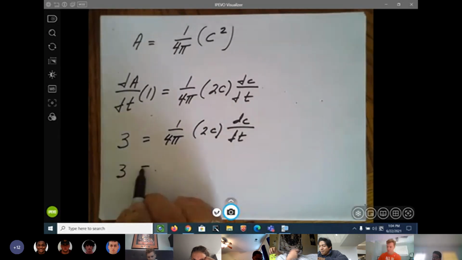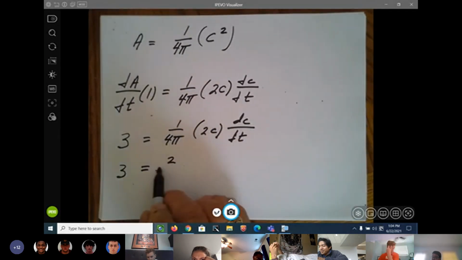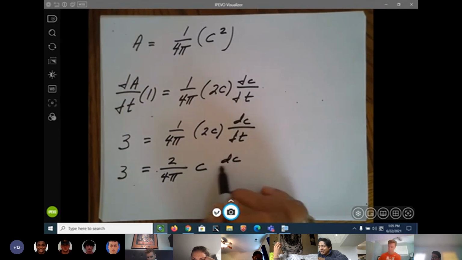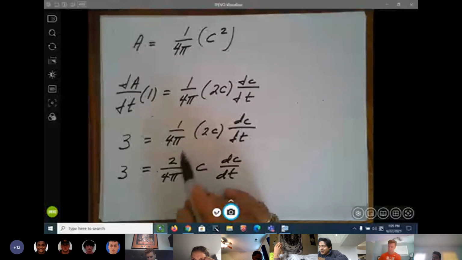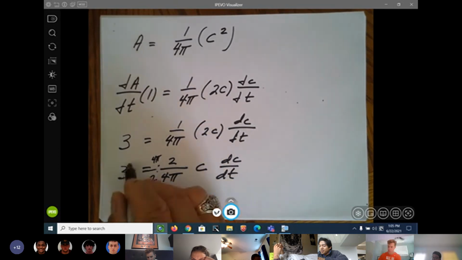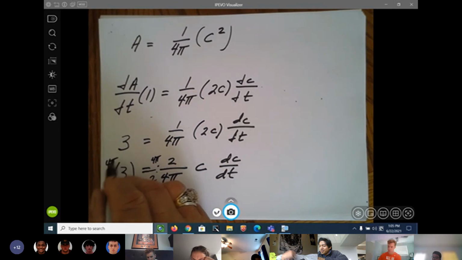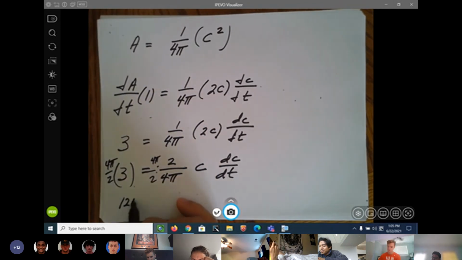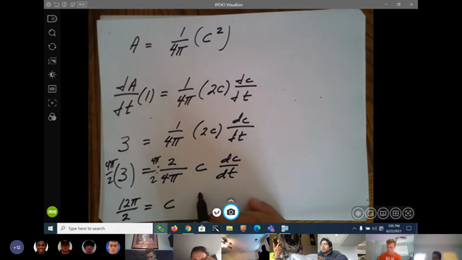So 3 is equal to 2 over 4 pi C dC/dt. And to get rid of multiplying by 2 over 4 pi, we got to multiply by 4 pi over 2. I get 12 pi over 2 is equal to C dC/dt.